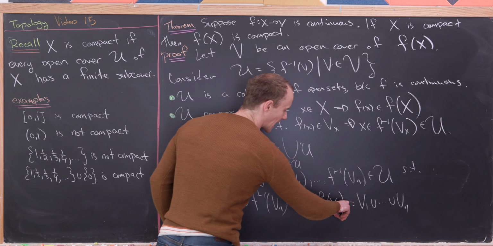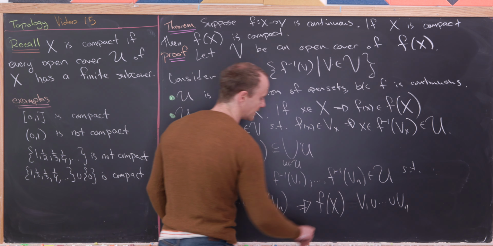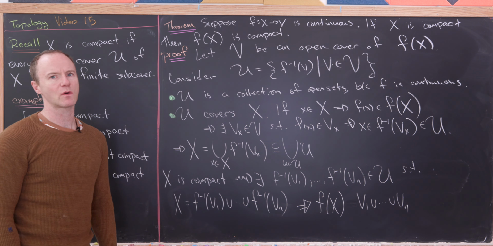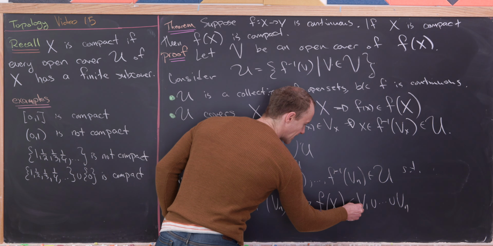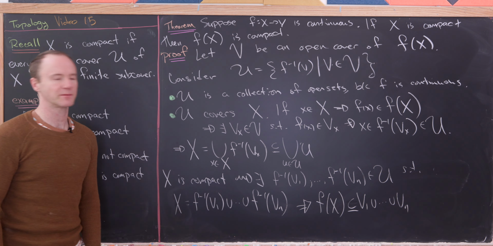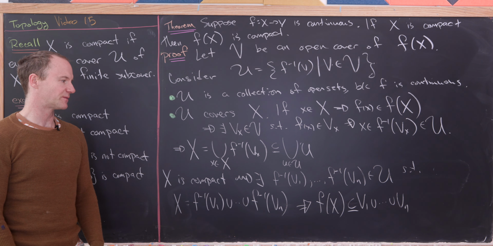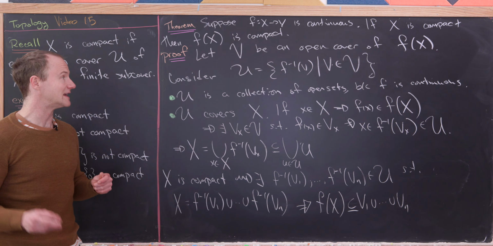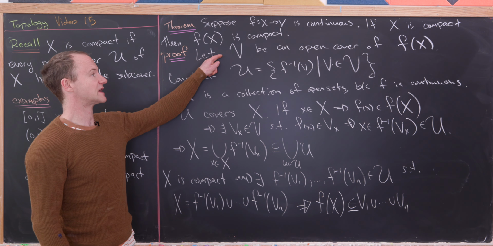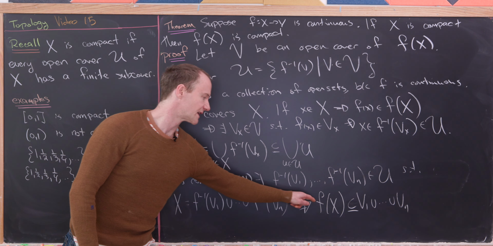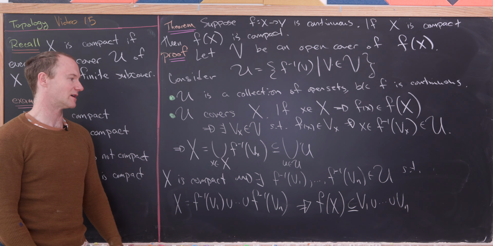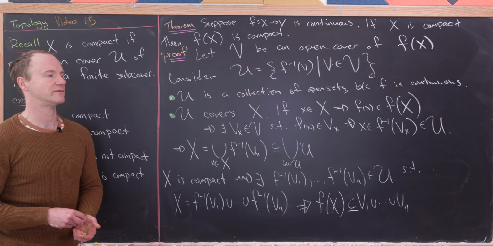And in fact, right here, I don't actually get an equality, because I think we only get equality if this thing is one-to-one. We actually get a subset relationship here. But the subset relationship is the only thing that we need here, because what we've shown is that if we have an open cover, we can construct a finite subcover. But that's exactly what we've done.